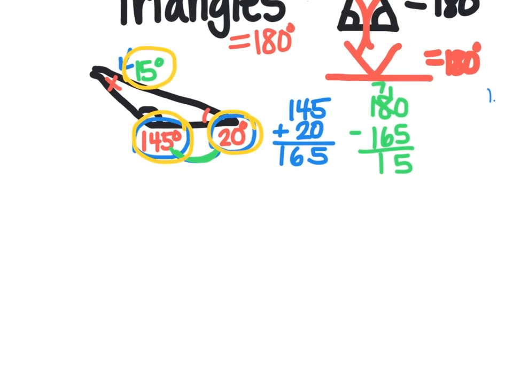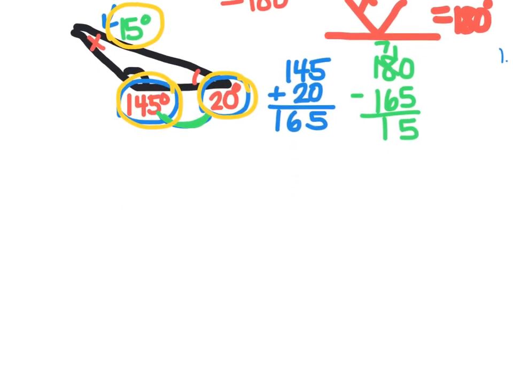Let's try another one. Let's say that our triangle looks like this. This particular triangle is a right triangle, and I know that simply because it has a right angle there.